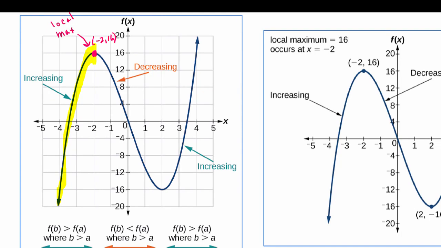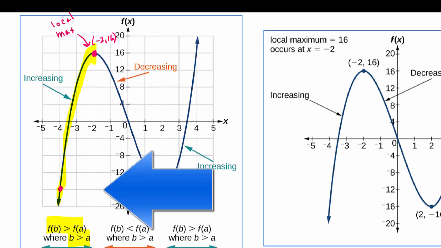A graph is said to be increasing if x values are increasing. So here where it says b is greater than a, those are x values. If I'm looking at an x value that's larger than another x value, then the y values are also increasing. An example of that would be here. If I look at this point right here, that point is -4, -16.